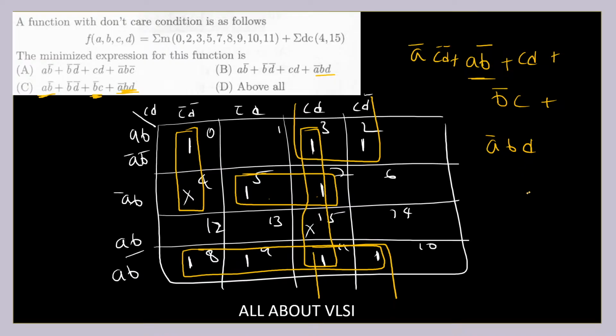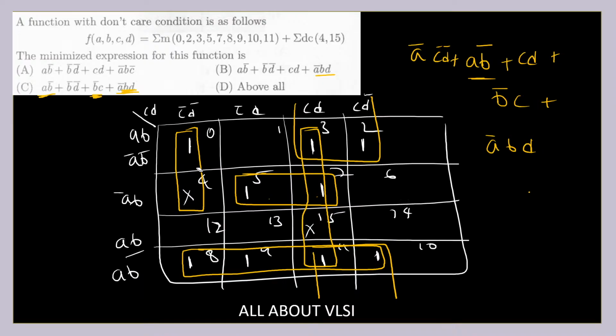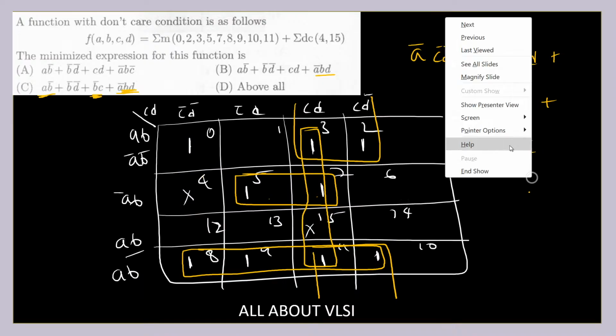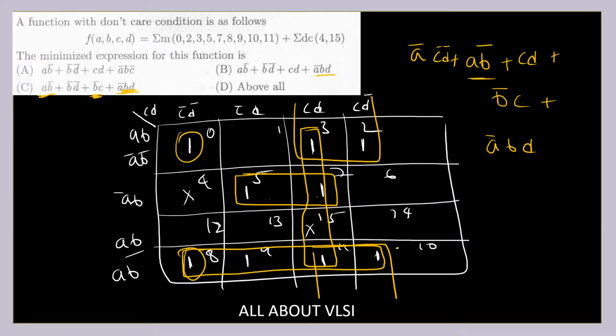Basically I will get B bar D bar if I make a quad. One second, let me erase this. If I consider all four corners, then I'm going to get B bar D bar instead of this particular term which I was getting, A bar C bar D. The corners give B bar and D bar.